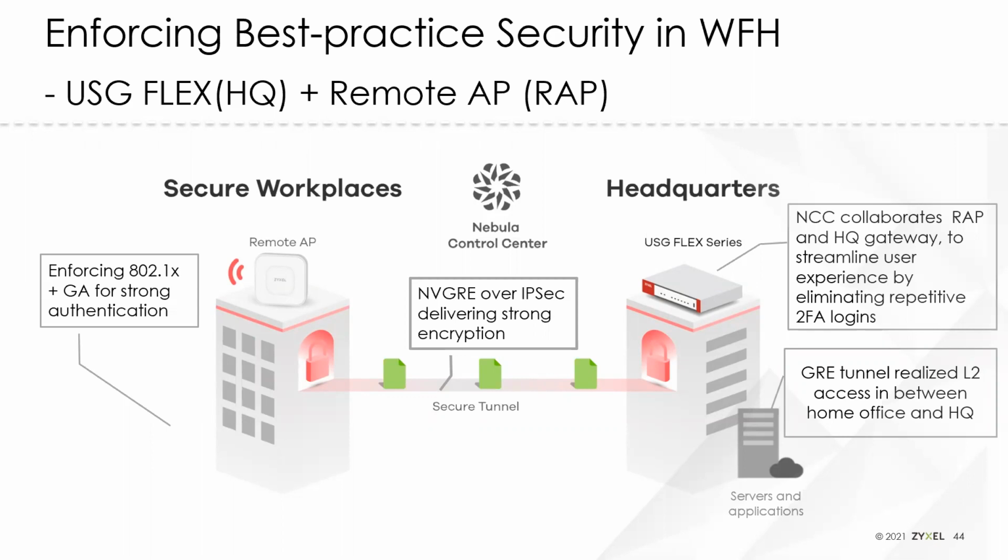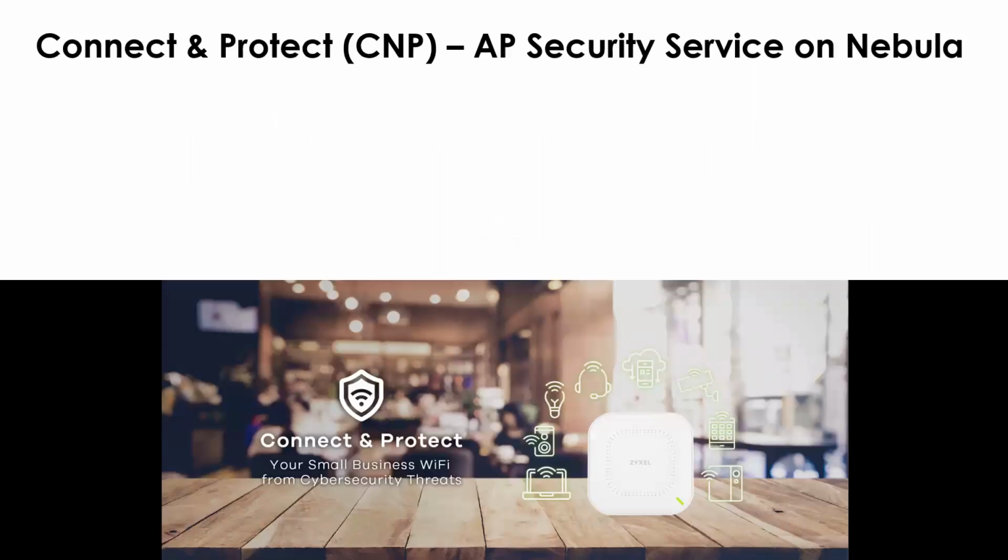And then lastly, we have something new that we launched earlier this year, which is the Connect and Protect licenses, abbreviated CNP. These are security licenses that are available for some of our access points.